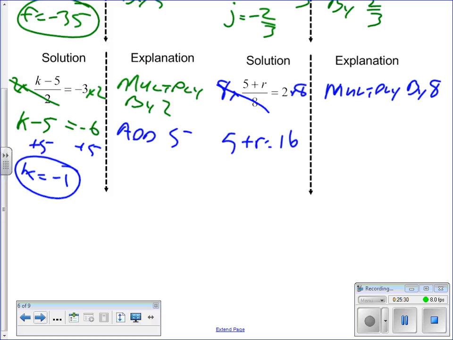Oh, good. No hands. Because that is one of those things where students say, I don't know how to do this, you never showed me how to do that. It's not that big a deal because it's addition, it's not subtraction. I need to get rid of the 5. How do I get rid of the 5? Subtract 5. So I get r equals 11.